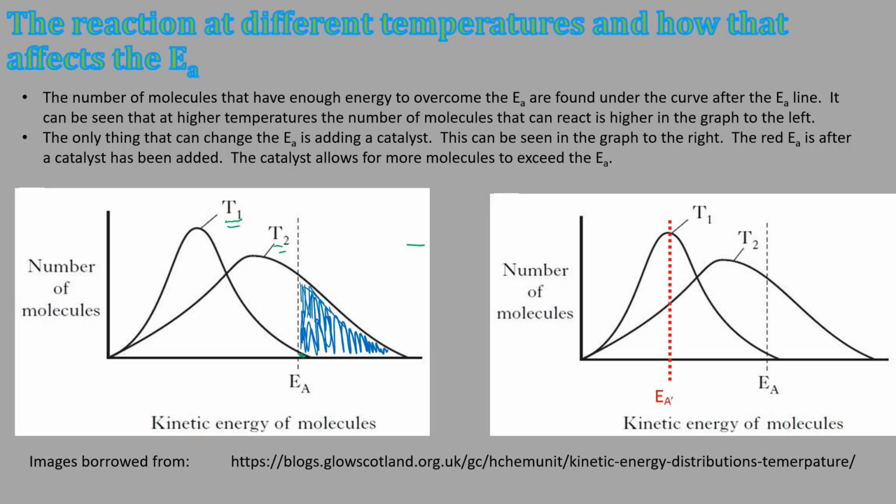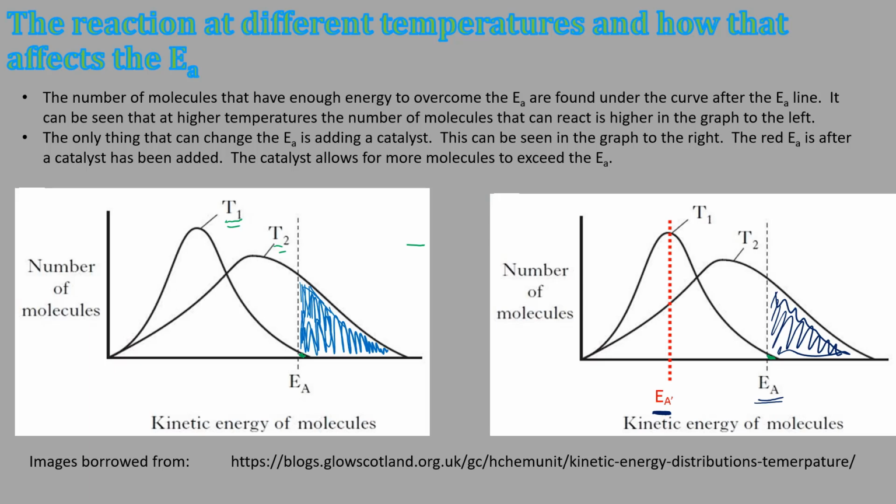All right. Now, if we add a catalyst to that reaction, so this is where a catalyst was added, what that does is it increases the number of molecules at that lower temperature that can overcome the energy of activation. This is our original reaction where we only have a little bit of reactants that can overcome the energy of activation at that first temperature, right here.